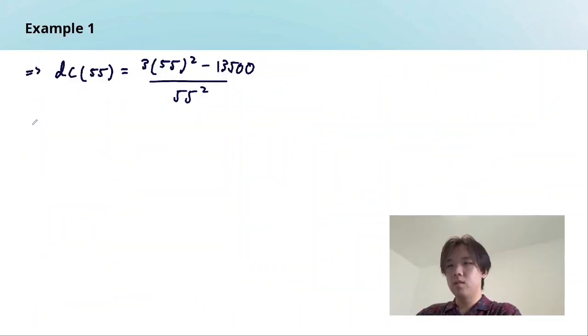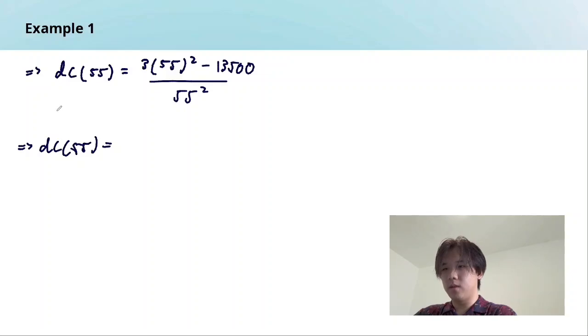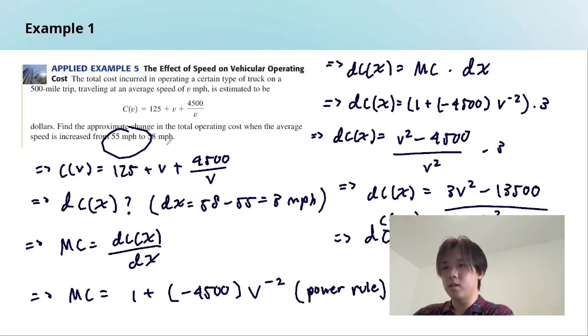So now to calculate this, the change of total cost when inserted the initial value of 55 miles per hour, we will get negative 177 over 121, which from the question, it asks to find the approximate change.